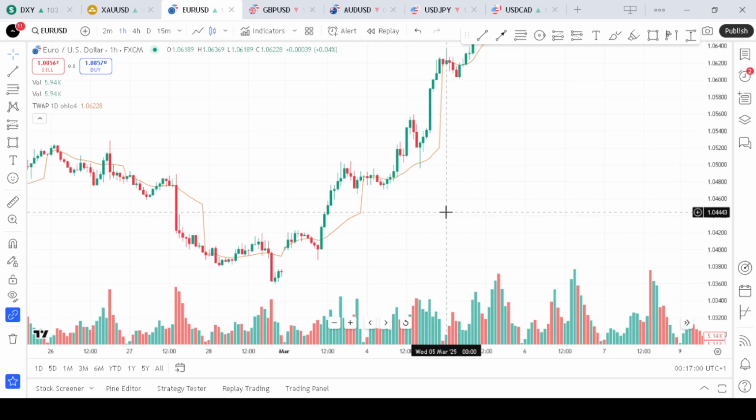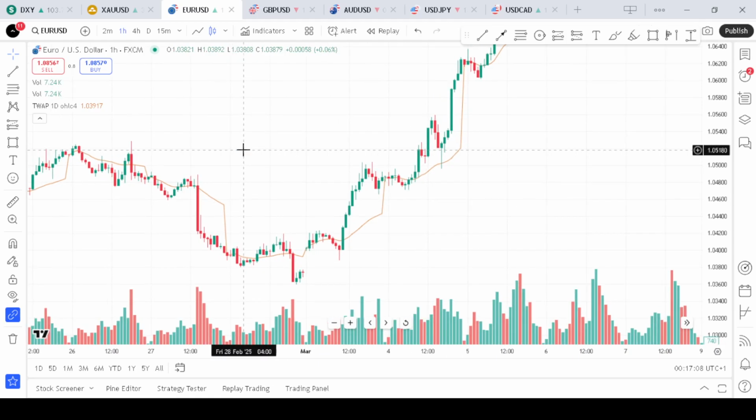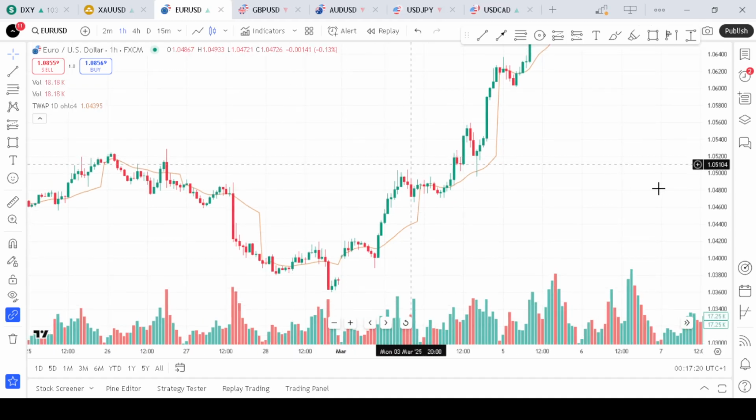So to buy using the TWAP, you start by determining the total quantity you wish to purchase. Divide this amount into smaller equal-size portions based on your desired execution interval and the time frame you have chosen.